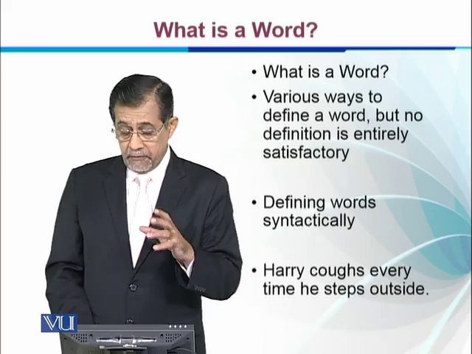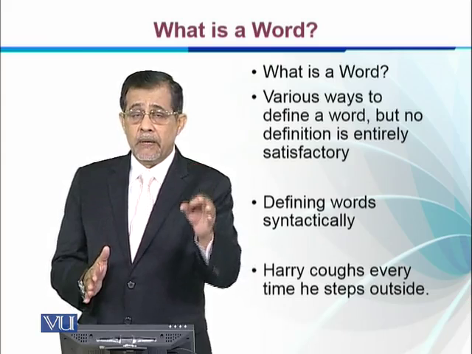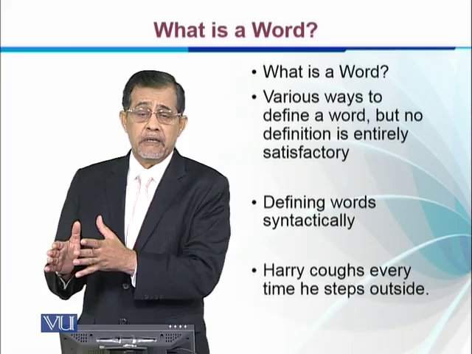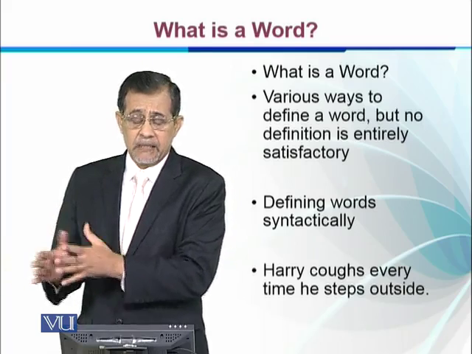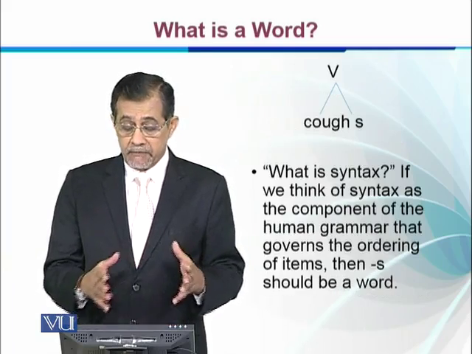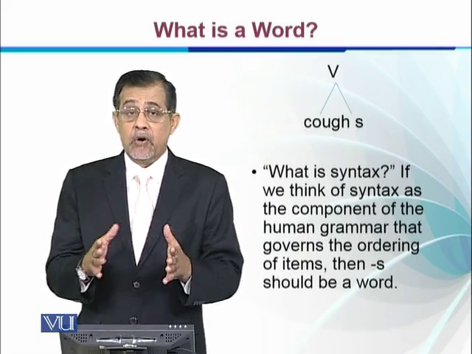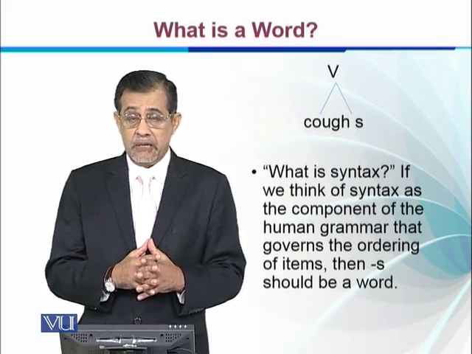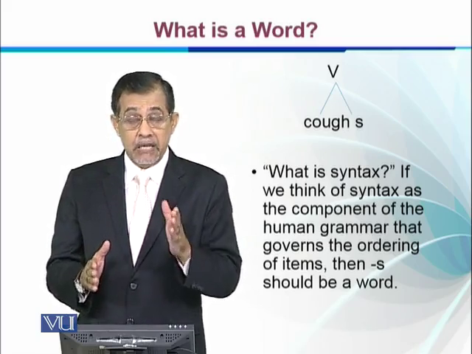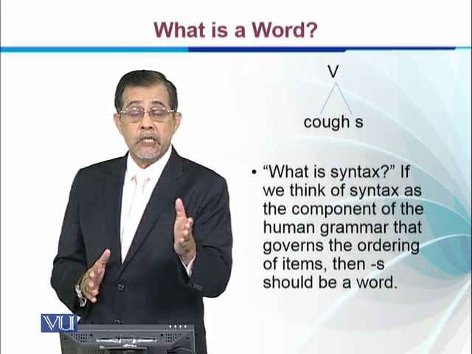But even if you look at the word coughs, it is a combination of cough, a verb, and the morpheme s, right? So you can see there's the verb cough and s. We cannot change the order of this because syntactically we have to believe that the syntax of a sentence follows a certain order.